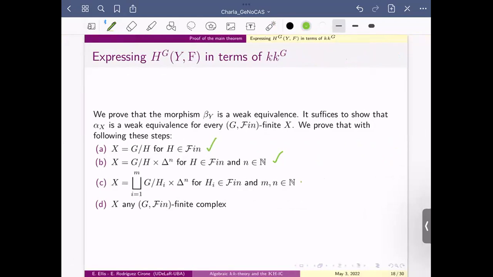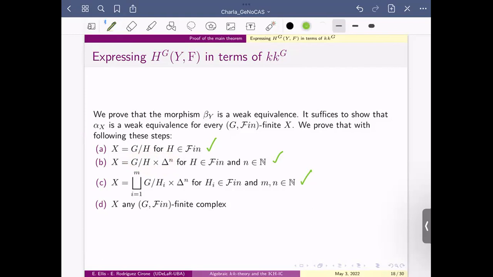We prove that this third step, which is a union of things like the second step, using that the homology and the KK are additive.